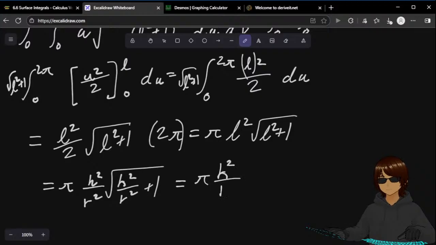H square over R square. H square plus R square over R square.